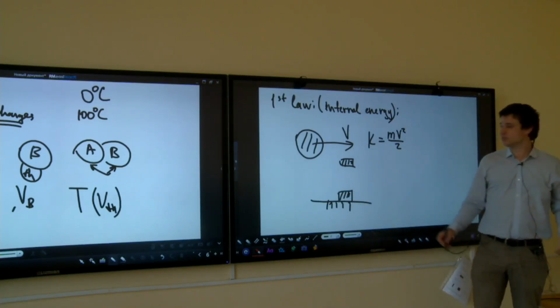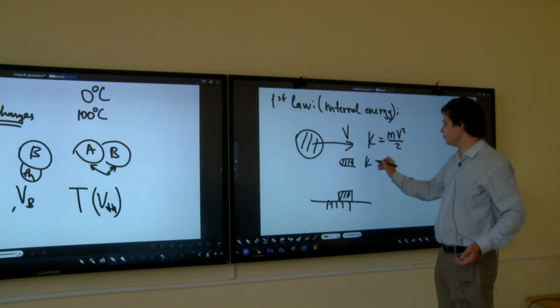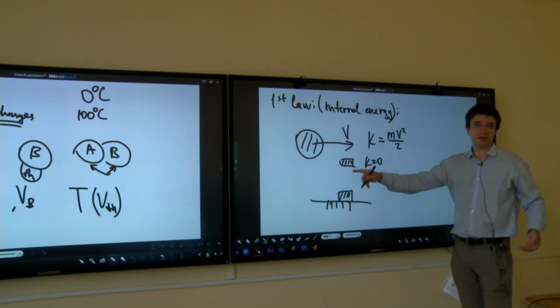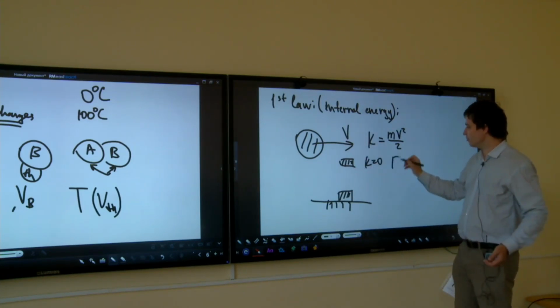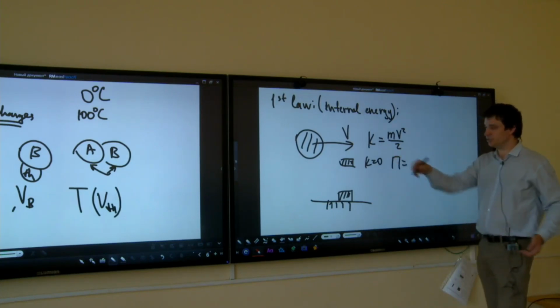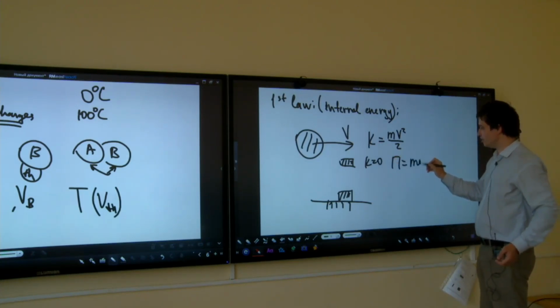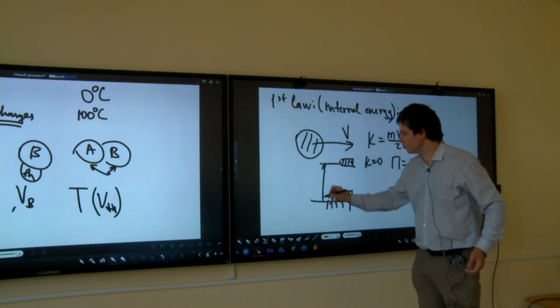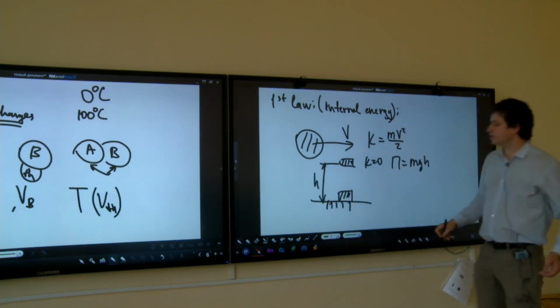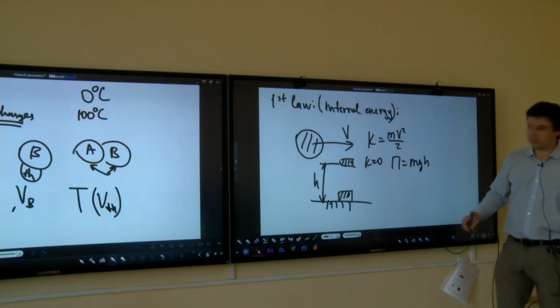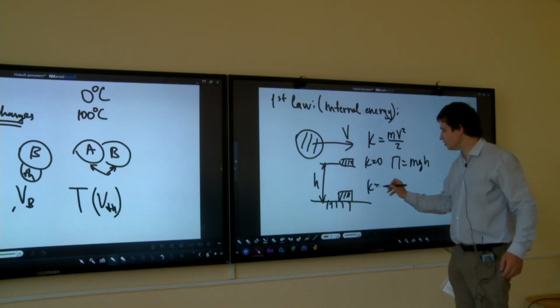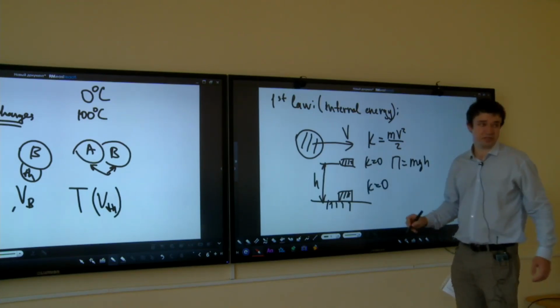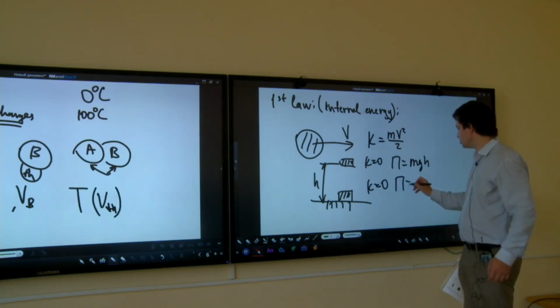That means that the kinetic energy of the brick is gone, but initially it has potential energy in gravity of mgh, where h is the altitude of this brick. But in the final state, you see that kinetic energy is also 0, while the potential energy is 0 too.